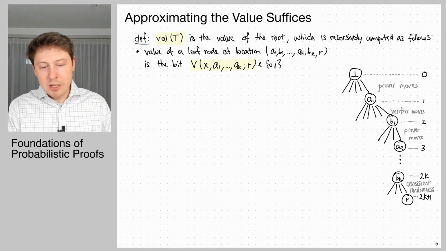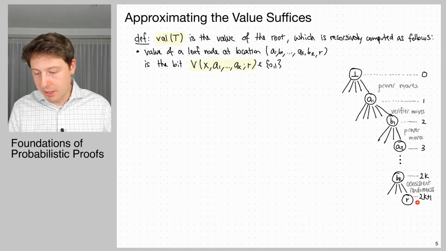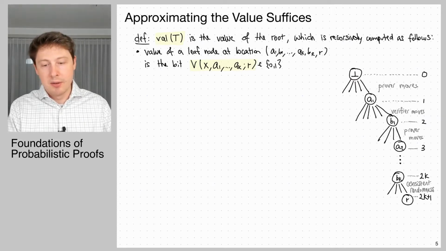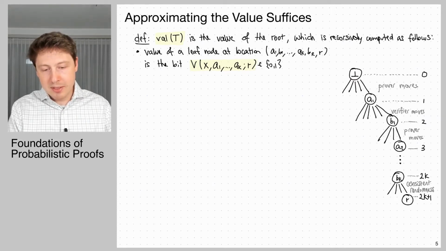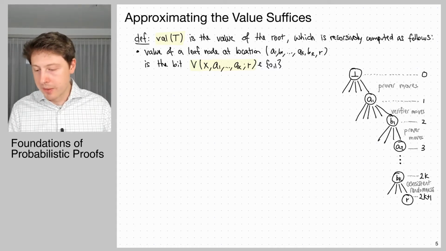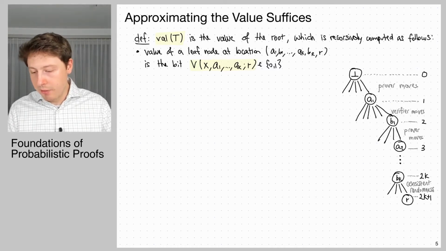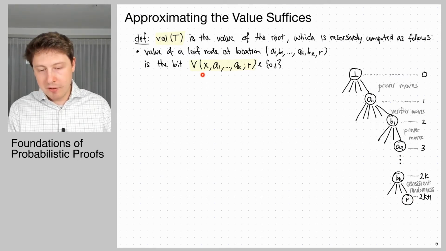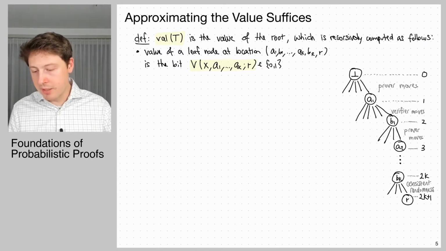So the value of a leaf node at some location here is just either 0 or 1, depending upon whether the verifier, given that randomness and the prover messages, accepts or not. Okay, so for example here, if you're wondering the value of this node, you just take this path that leads you there, and you apply the verifier predicate to the instance X, all the prover messages, and the randomness.